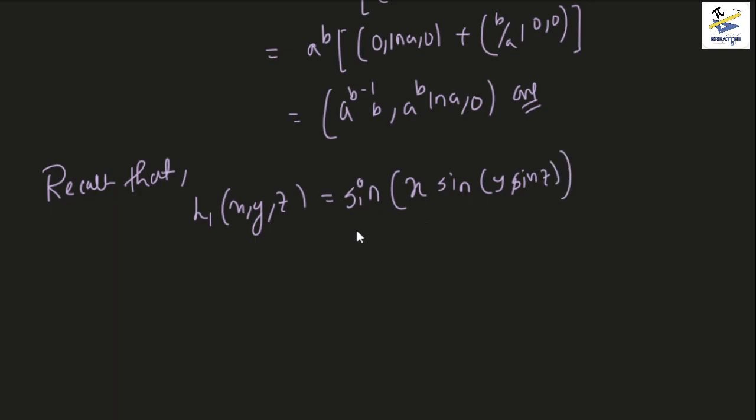Okay, and this basically can be written like this: sine of x g of y comma z, right?